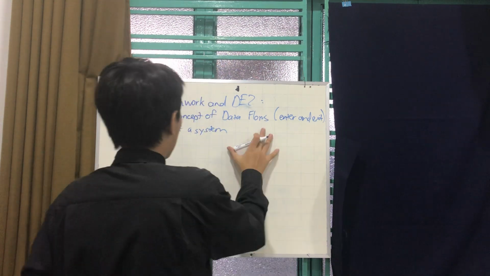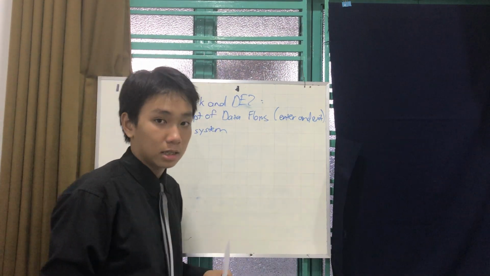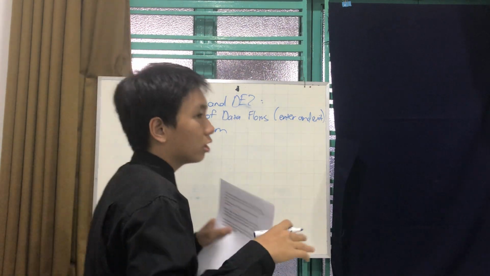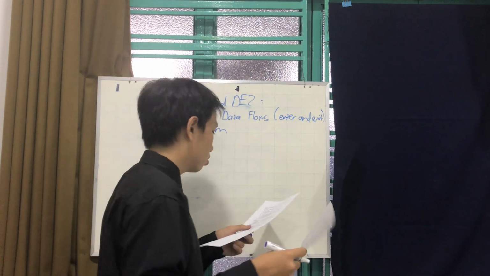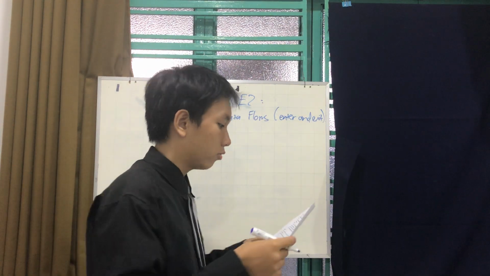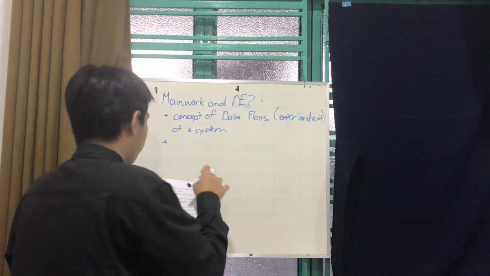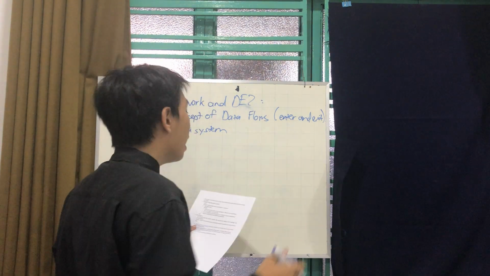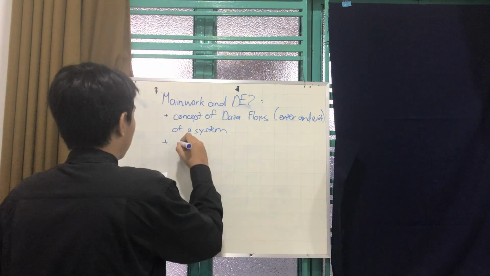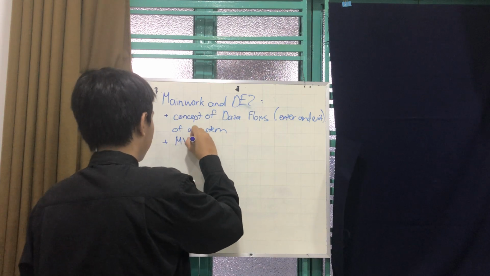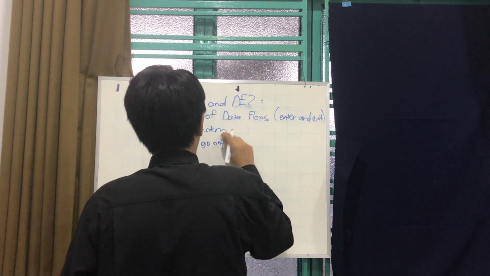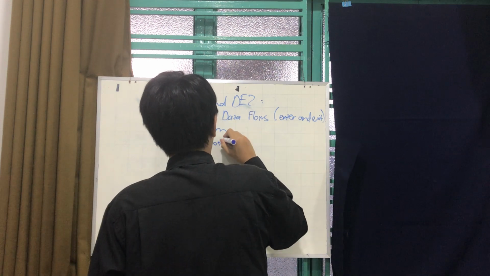So this is how I will approach the main work in D2. Specifically, the main work will just go over the board, so go above, like for example the concept, the three phases of data flow in a system, the key elements and things like that. So that is my main work. Go only above.